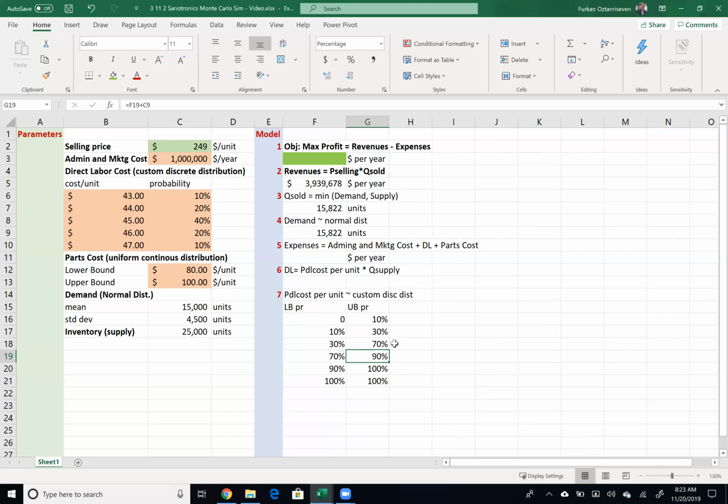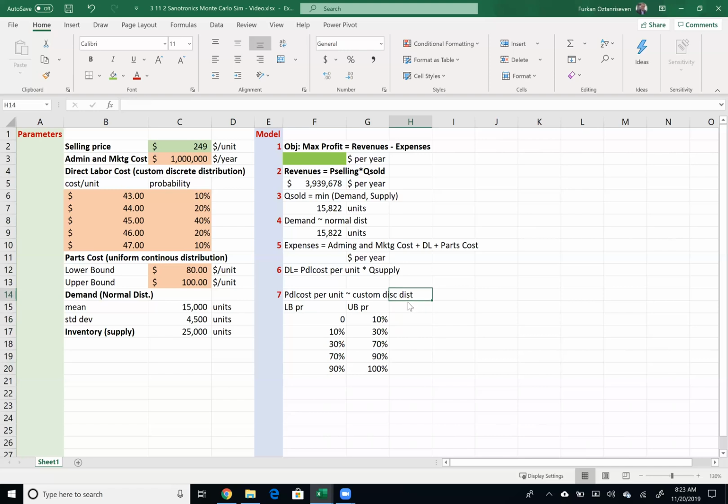You can see that I start with 0 to 10% as the first bracket, 10 to 30% the second bracket. So I have 1, 2, 3, 4, 5, 6 brackets. I should not have this one. And I have 1, 2, 3, 4, 5 brackets. Let me just double check. 2, 3, 4, 5. Exactly.